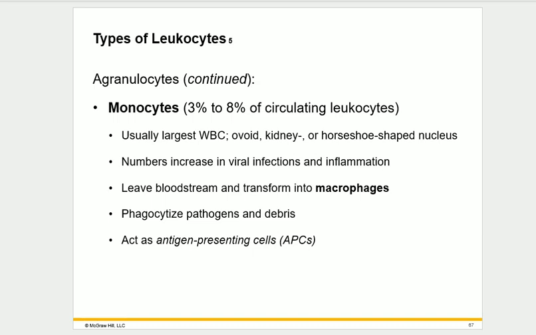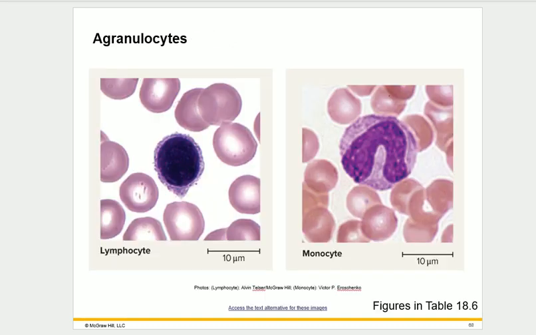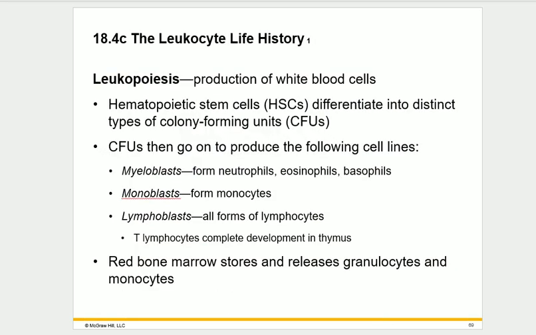The function of macrophages will be further detailed once we get to chapter 21. And here are some examples. The lymphocyte, you see how it's really packed, really dark violet, and then the monocyte with its U-shaped nucleus and its very, very large size in comparison to the red blood cells that are surrounding it.